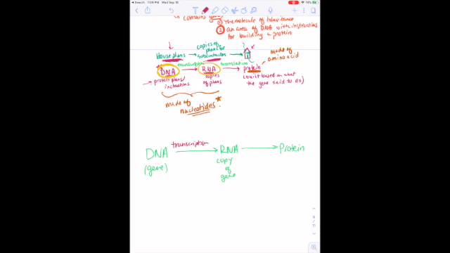And the process by which the ribosome looks at what the RNA says, what the order of the nucleotides in the RNA says, and then uses that information to build a protein from it, is called translation.